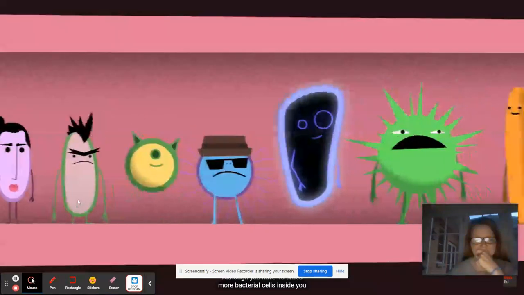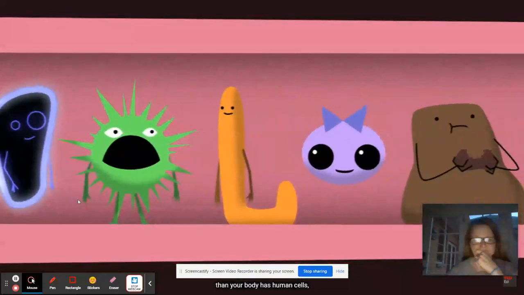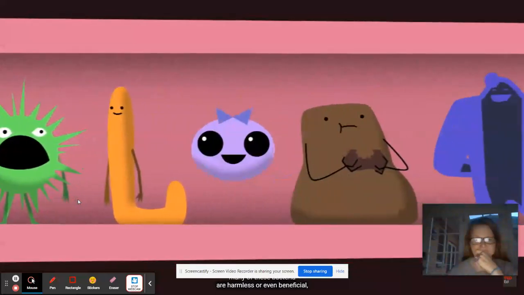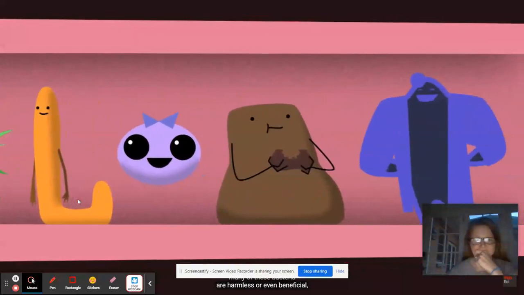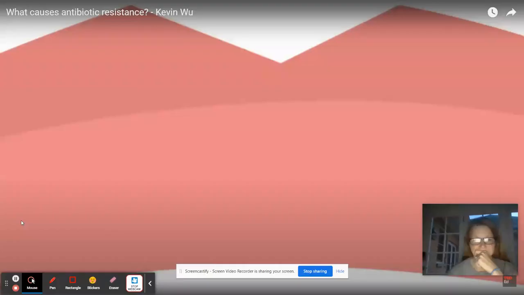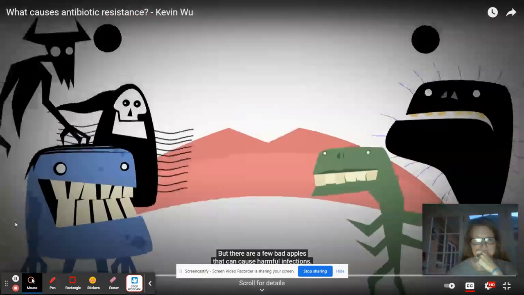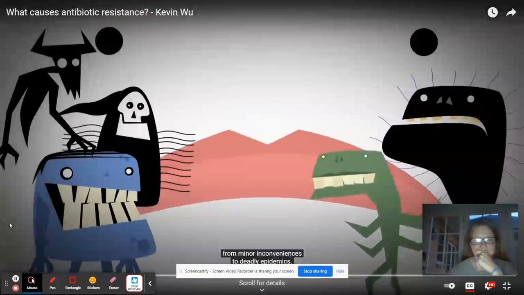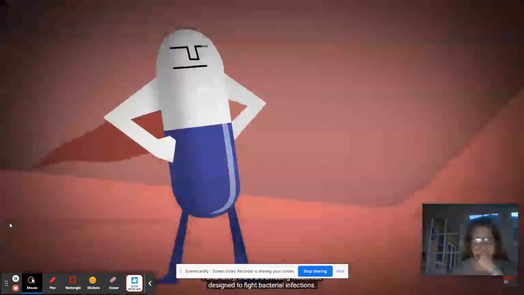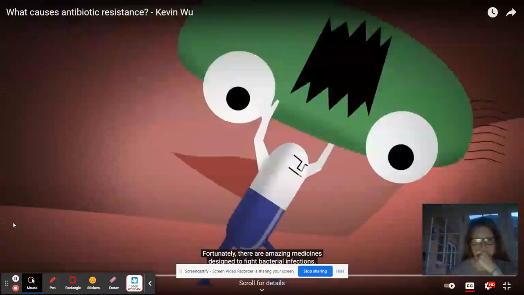Although you have 10 times more bacterial cells inside you than your body has human cells, many of these bacteria are harmless or even beneficial, helping digestion and immunity. But there are a few bad apples that can cause harmful infections, from minor inconveniences to deadly epidemics. Fortunately, there are amazing medicines designed to fight bacterial infections.